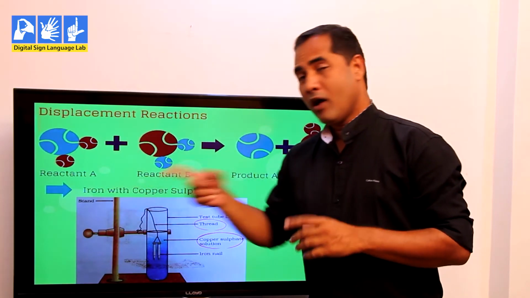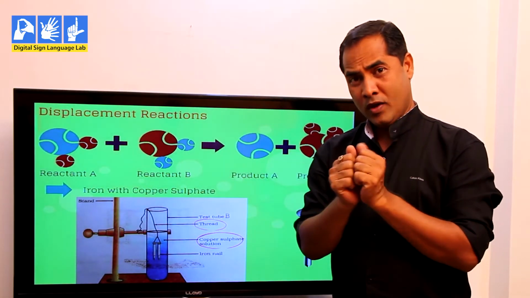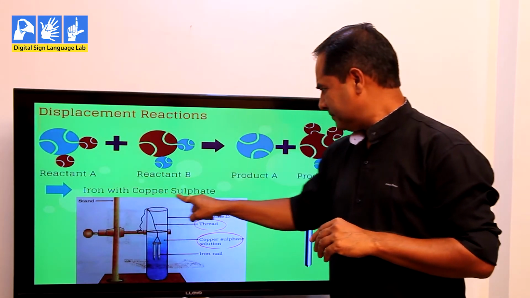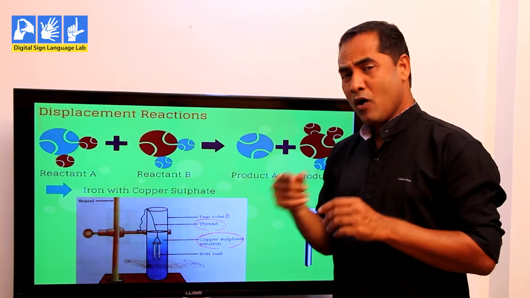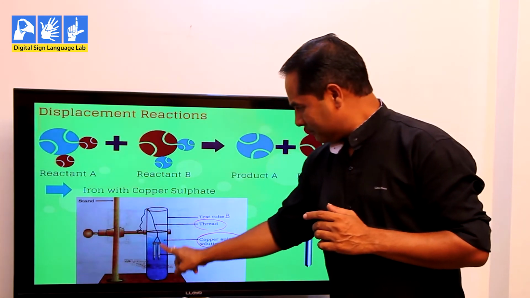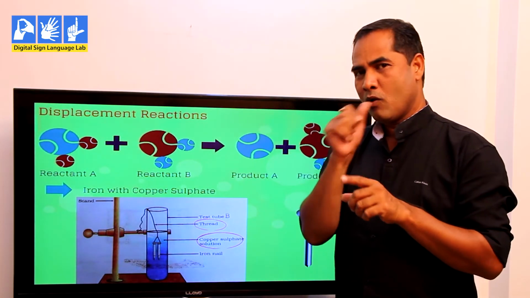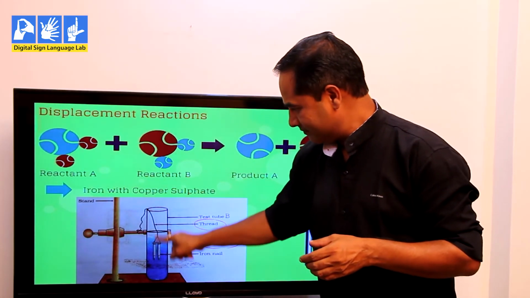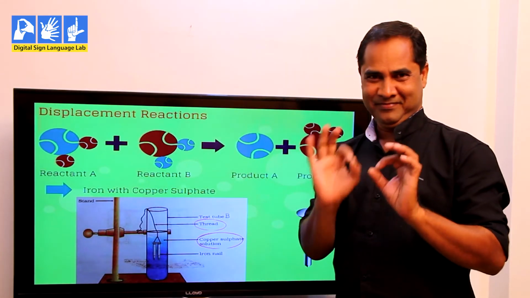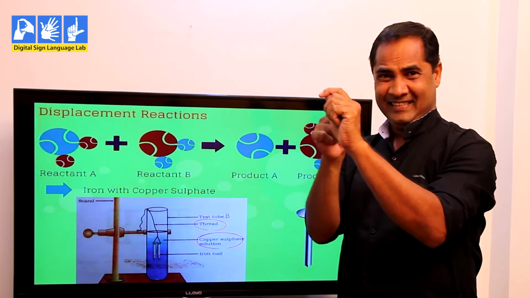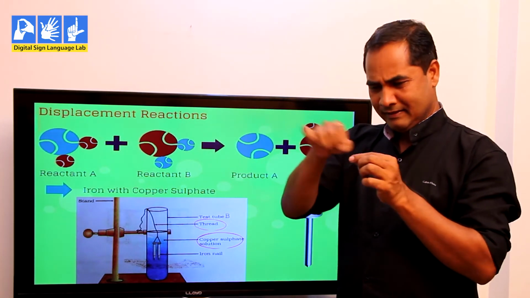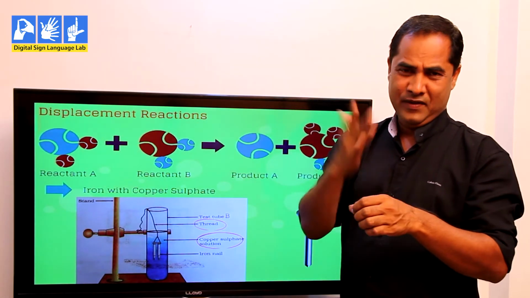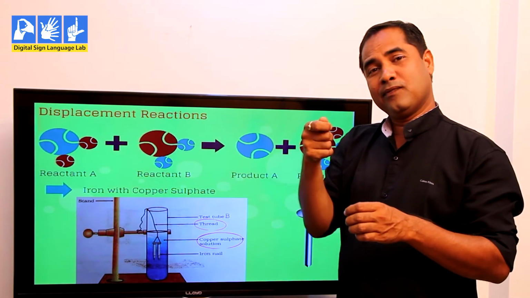So in an experiment, we take iron with copper sulfate. So you see the blue color, that's copper sulfate solution. And that is the iron nail that you have dipped into the copper sulfate solution, and you wait for a certain time.